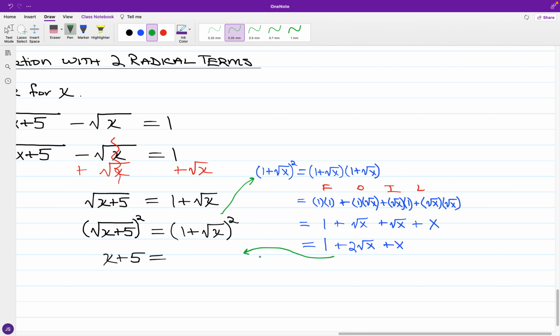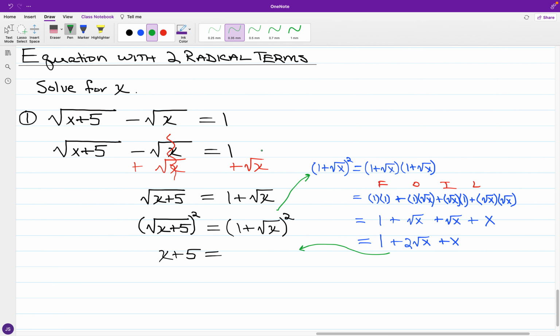And so going back to our equation, we've got x plus 5 is equal to 1 plus 2 times the square root of x plus x.